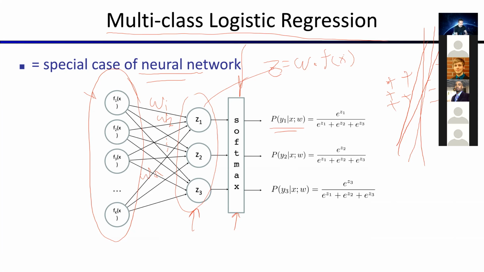So we have this softmax transformation where we use these activations. Here we assume that we have three activations, Z1, Z2, and Z3, and then with this simple softmax transformation, we get this probability distribution. Any question about this?